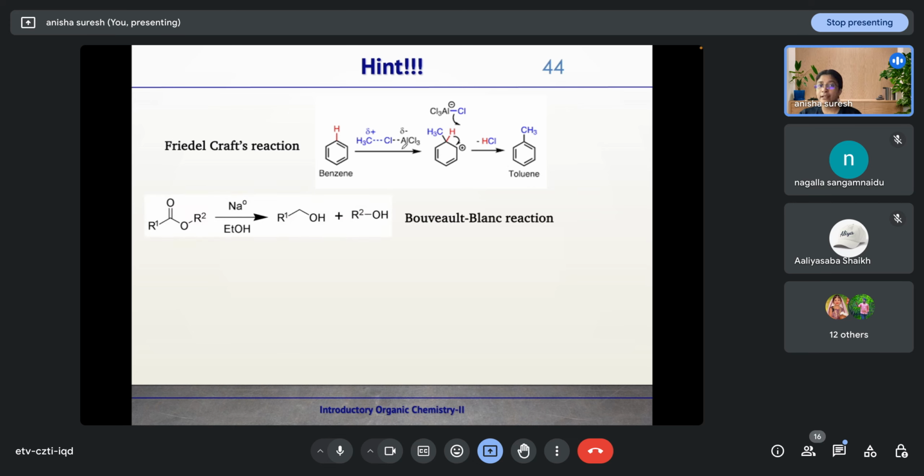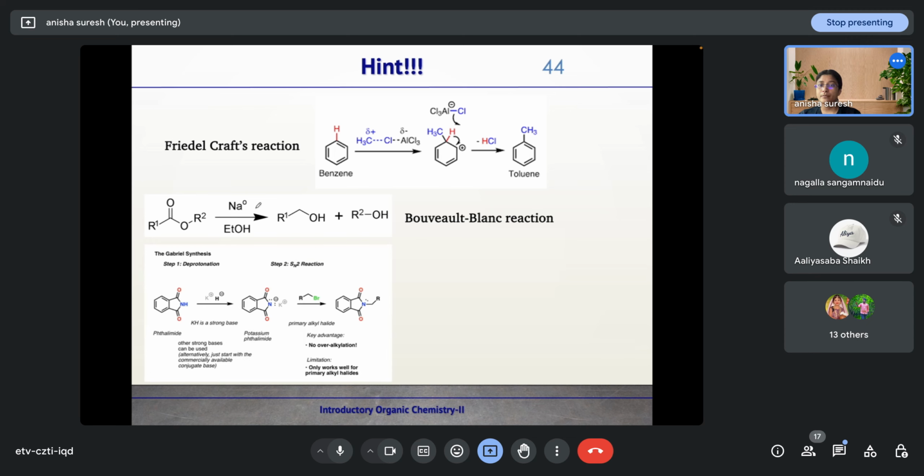Now coming to the Bouveault-Blanc reaction, as we have seen in the lecture, here metallic sodium is involved. So this ester is getting converted into two alcohols in the Bouveault-Blanc reaction. And now coming to the Gabriel synthesis.